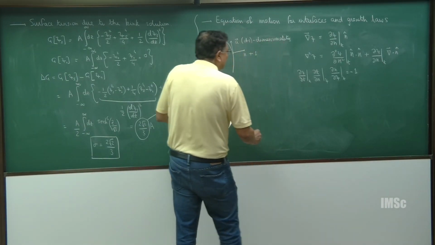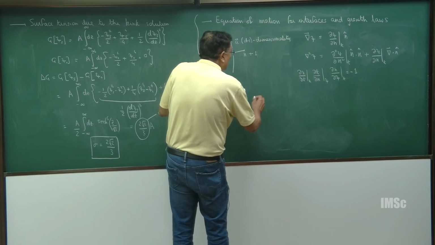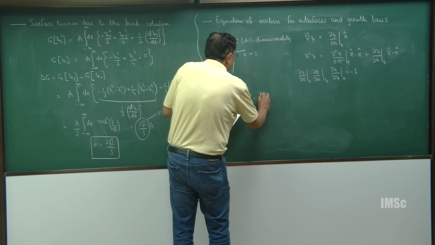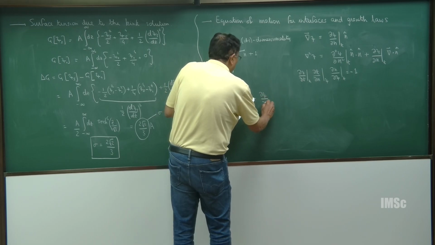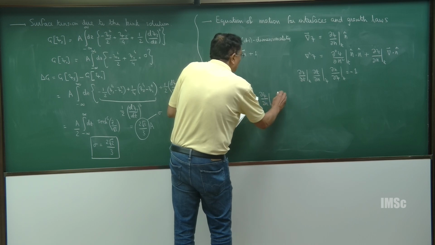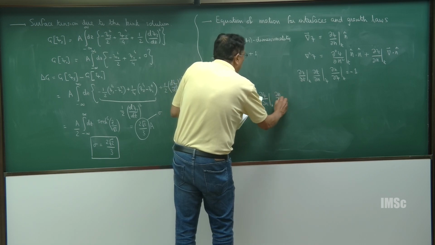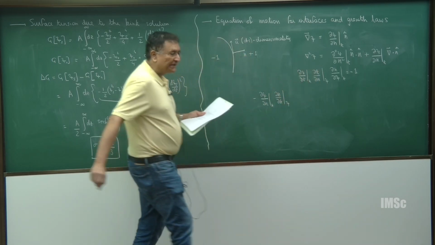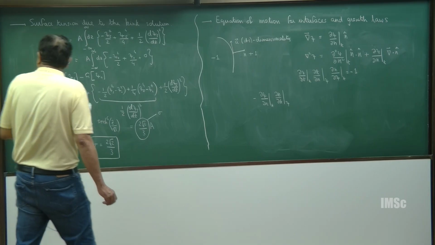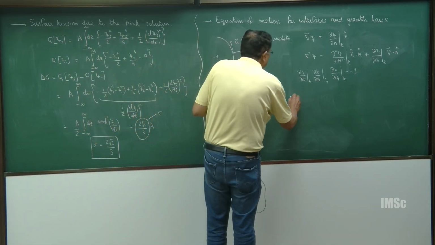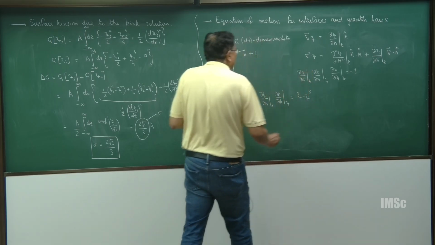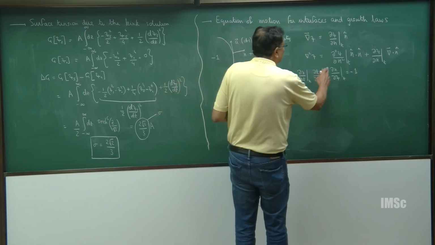What is del psi by del t? It is just equal to minus del psi by del n at constant t, del n by del t at constant psi. Okay, that is from the cyclic identity, and then the right hand side is simply psi minus psi cubed plus grad squared psi.